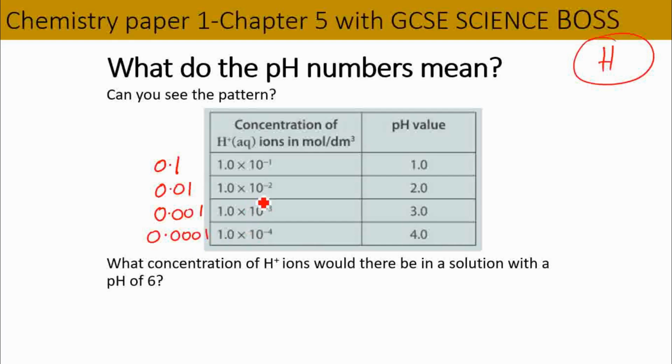So as the pH increases, the hydrogen ion concentration decreases by 10-fold. So if I had a pH of 6, it's going to be 1 times 10 to the minus 6 in terms of the amount of hydrogen present. All right. So the lower the pH value, the more hydrogen that is present.